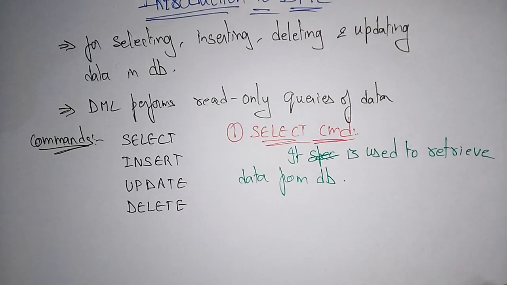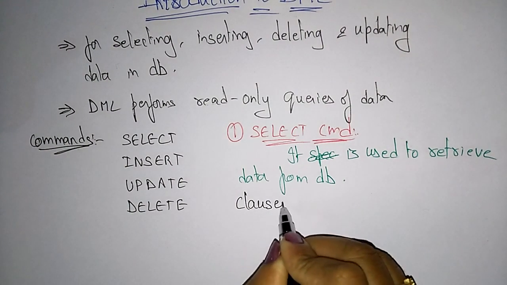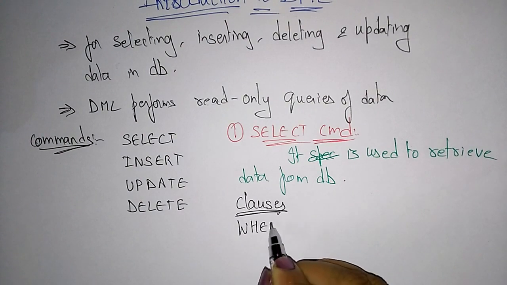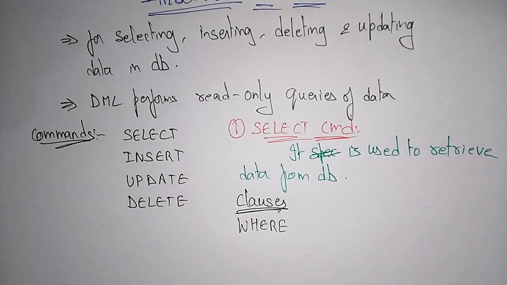In the select command we use different clauses. If you want to select a particular record, you have to mention the condition, that is, from where and which condition has to be satisfied.